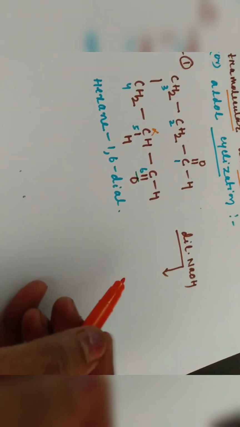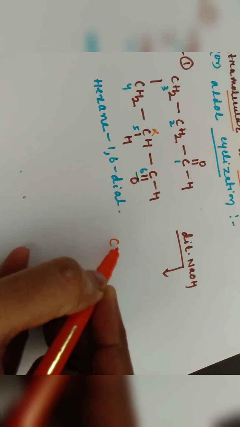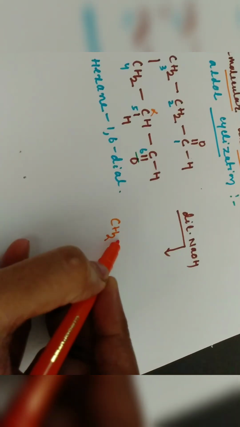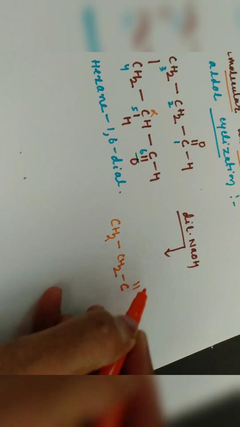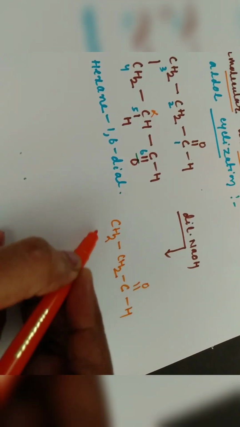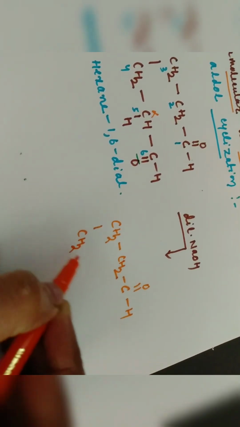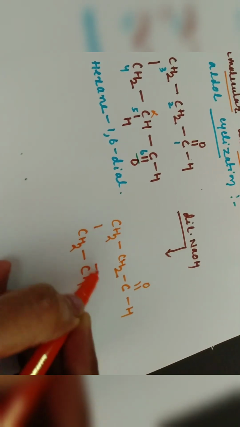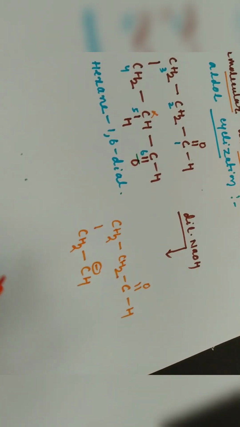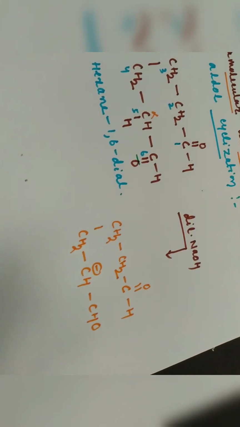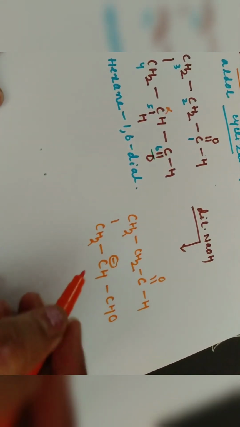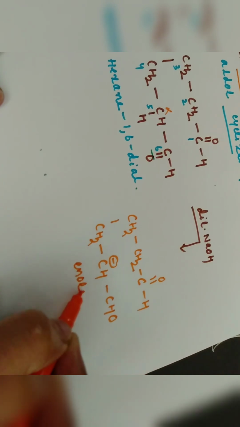So how will we write this? See here, this one is your CH2, C double bond OH, this is single bond CH2, this is your CH minus, this is your enolate ion. Then this is your CHO. This is the formation of the enolate ion.